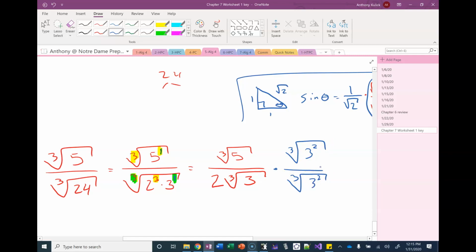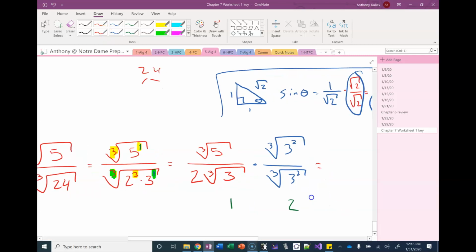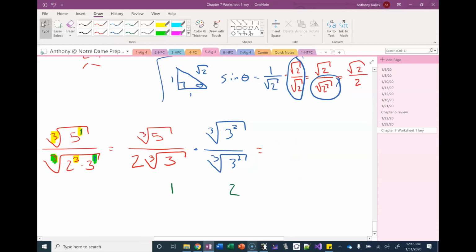Oh, I see. So we want the cube root of 3 squared. Because now if I count, I have 1 and then 2, 3. I have three 3's now under my cube root. Does everybody see that? Okay. Are three 3's enough to do an exchange? Yes, right? Because what's the exchange rate? 3.